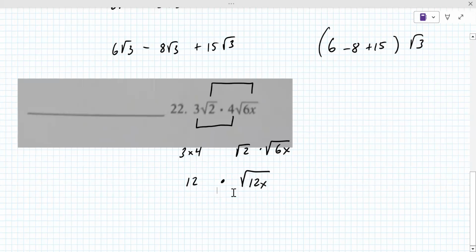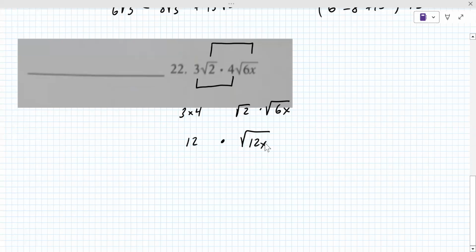I'm just leaving space because we work on each part. We really just need to work on the root on the right. All right. So the root on the right here is really the square root of 12 times the square root of x. Could you reduce the square root of 12? It's just like the last problem we did.